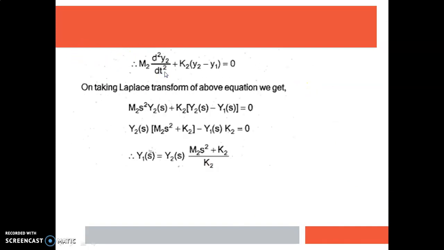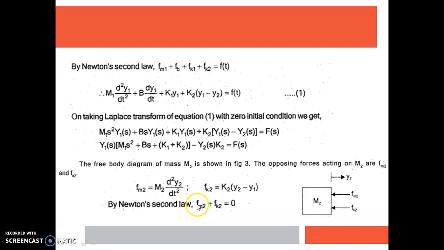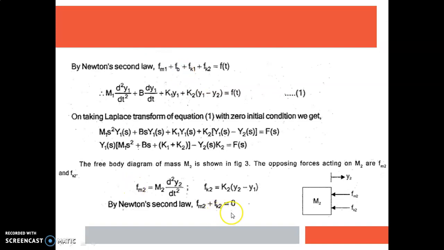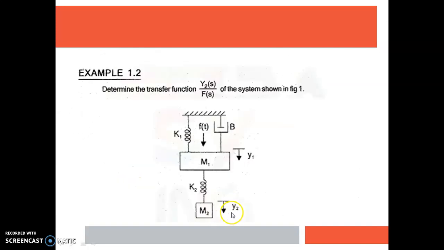Now substitute for Fm2. Fm2 is equal to M2 into d square y2 by dt square, plus Fk2. What is Fk2? When you write Fk2, you have to remember one thing. This spring is connected between two masses. For each of the masses, there will be a displacement.